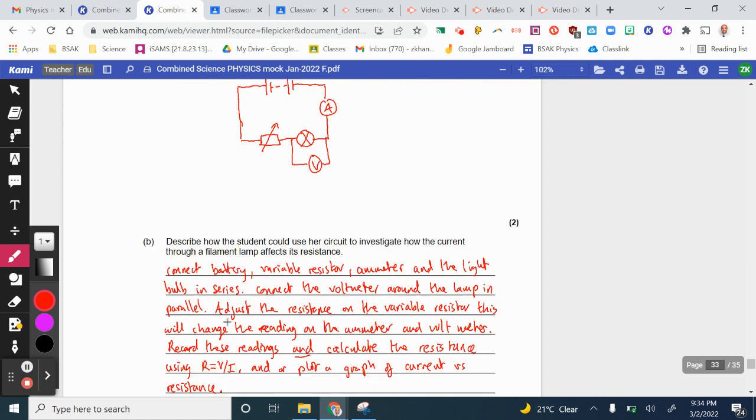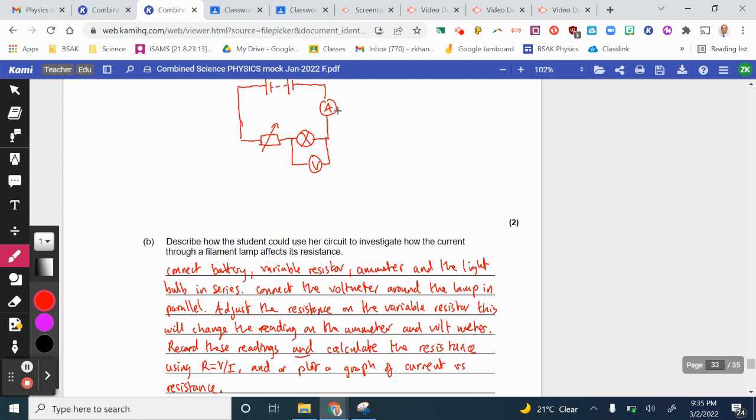So adjust the resistance on the variable resistor. This will change the reading on the ammeter and the voltmeter, and we'll record these readings on the voltmeter and ammeter. And once we've got a voltage and a current, we can calculate the resistance by doing resistance is equal to voltage divided by current.